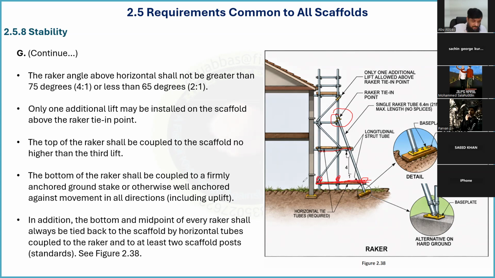From the raker, our tube goes to the post, two standards. So we are putting it on the standard base. Horizontal tube from the raker to two standards. Clear?